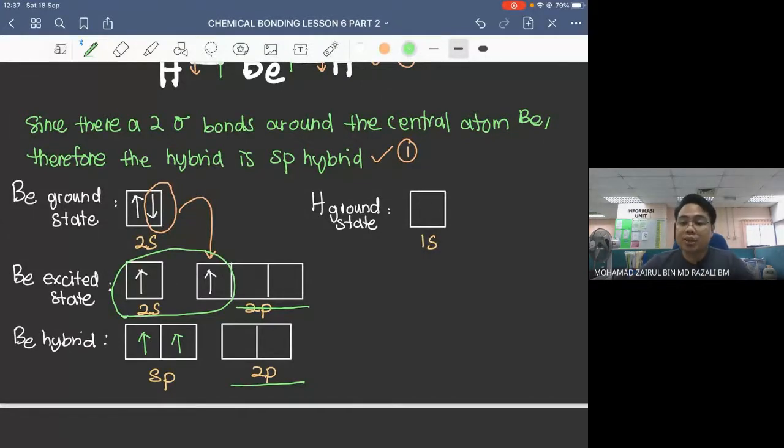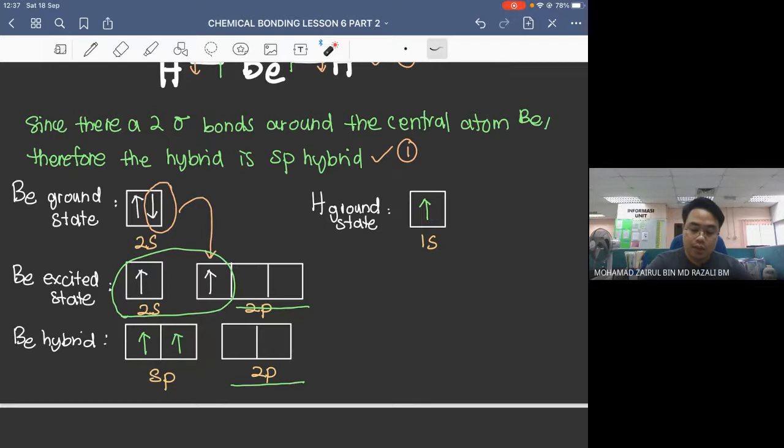Okay, since hydrogen only has 1 electron, the electron itu hanya akan occupy 1s orbital. Okay, so that means beryllium ini dia akan share satu elektron dengan satu atom hydrogen. Since beryllium ada 2 unpaired elektron, so dia boleh share dia punya elektron dengan 2 hydrogen atom.